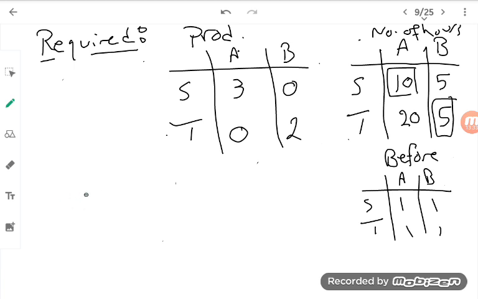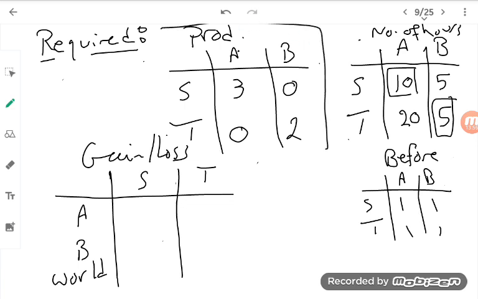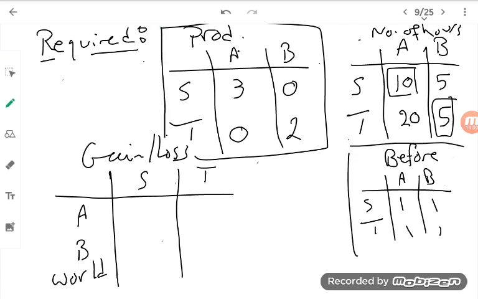Point number 5 is to calculate world gain or loss from specialization and trade. World gain or loss is calculated as the difference between production after specialization and production before specialization.